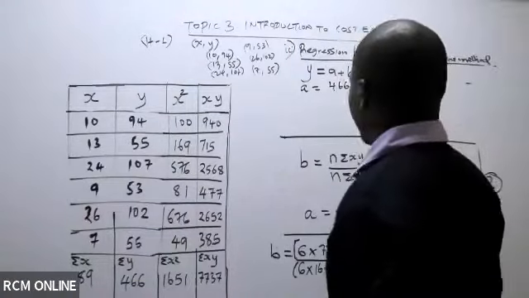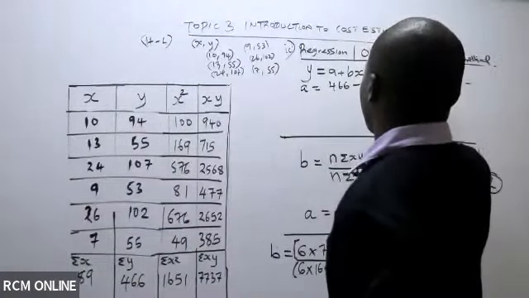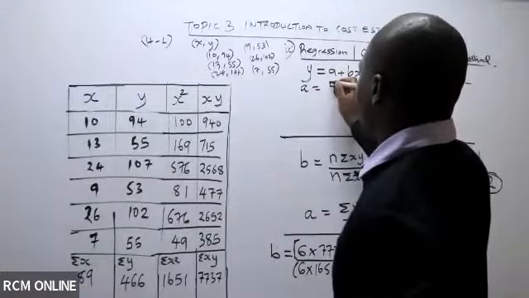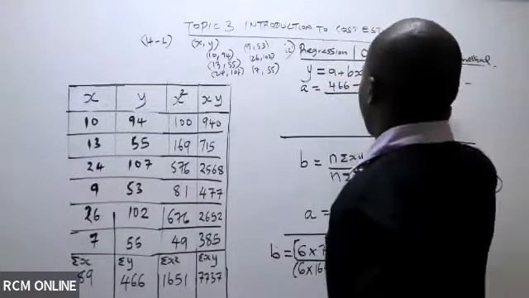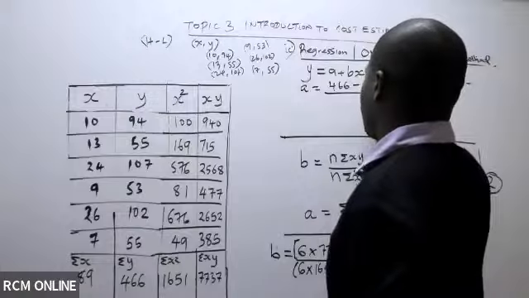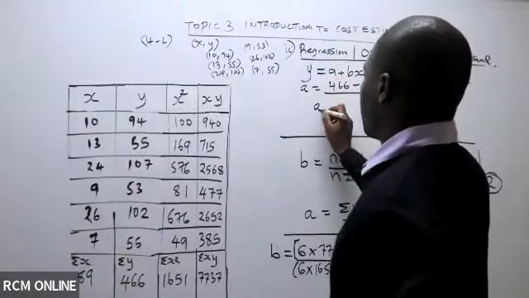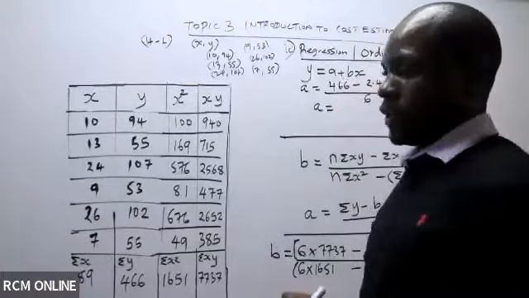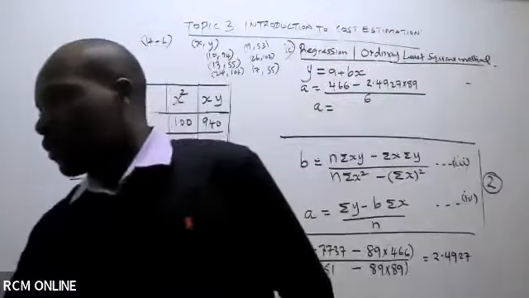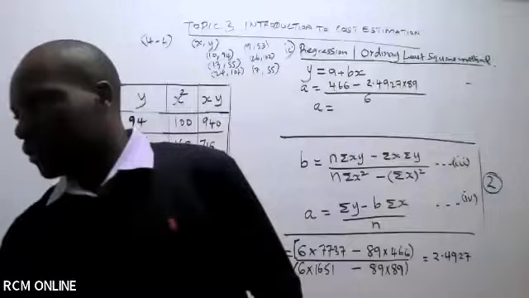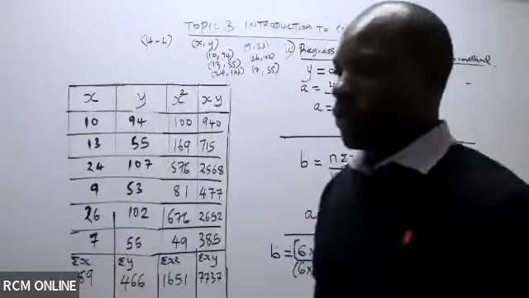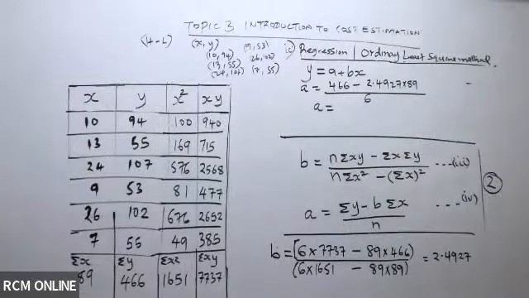Multiply by the summation of x, which is 89. The whole of that divided by n, which is 6. So when you are told to do that, what are you getting as the value of a to 4 decimal places? What is the value of a?